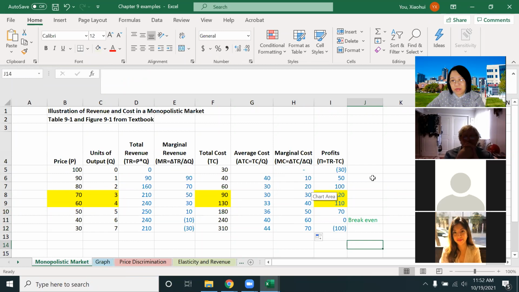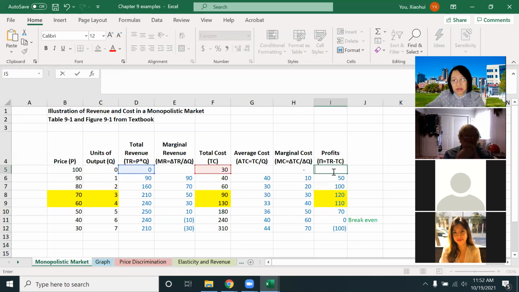And then for the profit, it's easy: profit is total revenue minus total cost. We can do the first one this way, or maybe delete the first one and only do the second one.